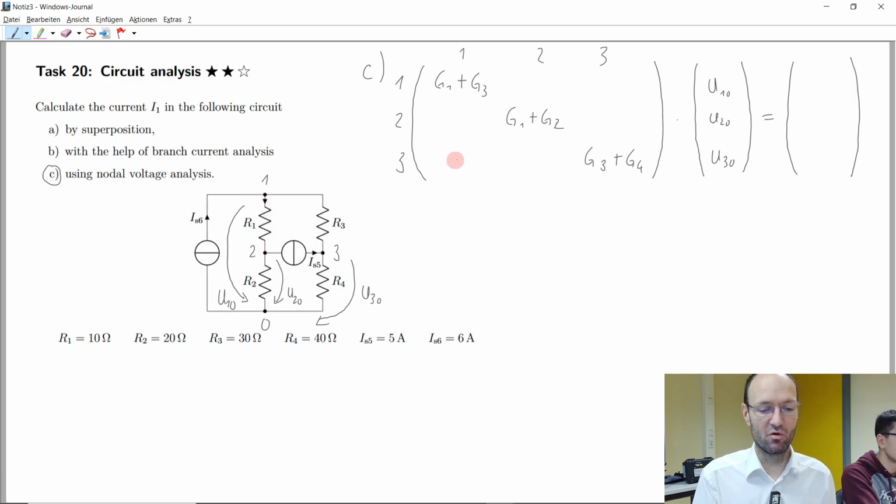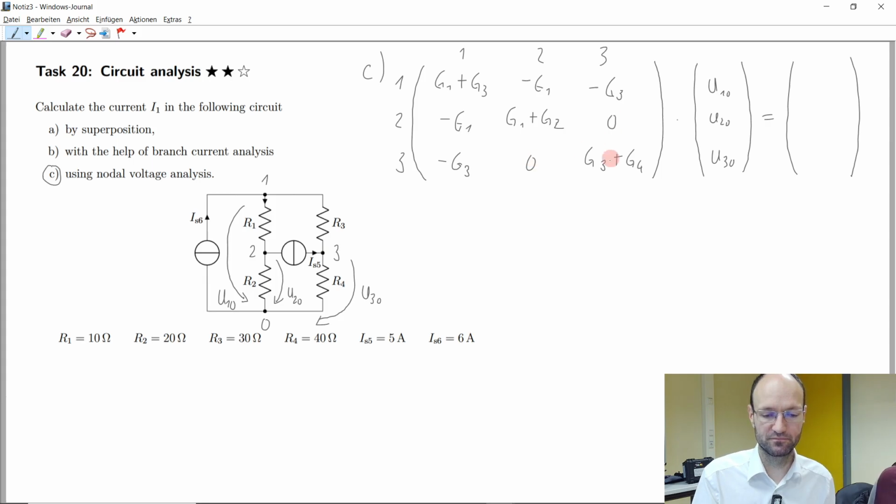And they are always minus. So here it's minus G1 and minus G1. Between 1 and 3, we have minus G3 and minus G3. And between 2 and 3, we have nothing, so there's just a 0 there. Okay, so off-diagonal elements, we can also say check.